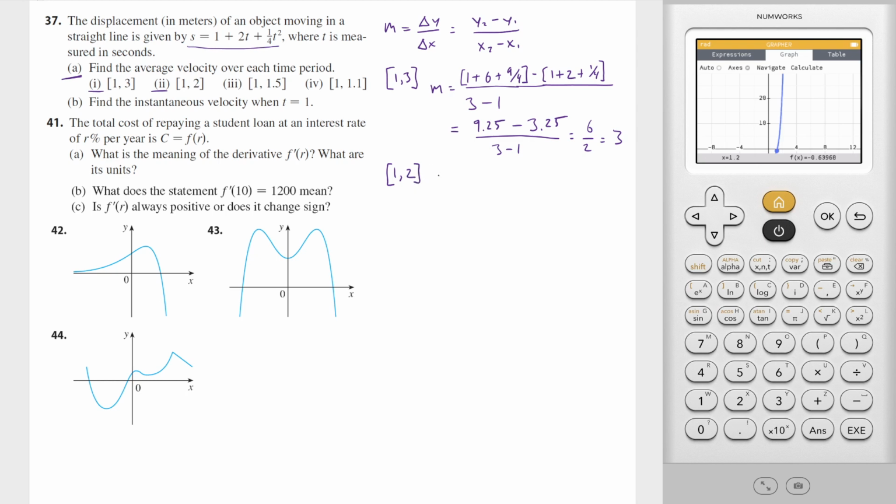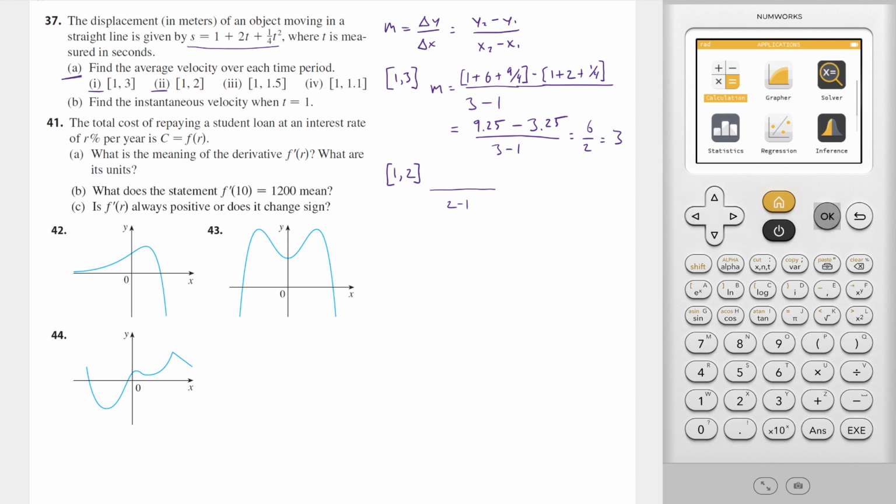And so for this interval, I know on the bottom I have 2 minus 1, and on the top I know that I'm subtracting 3.25, but let's plug 2 in, and let's just use my calculator here. I'm going to make my life a little bit easier on myself here, and go back to the main.